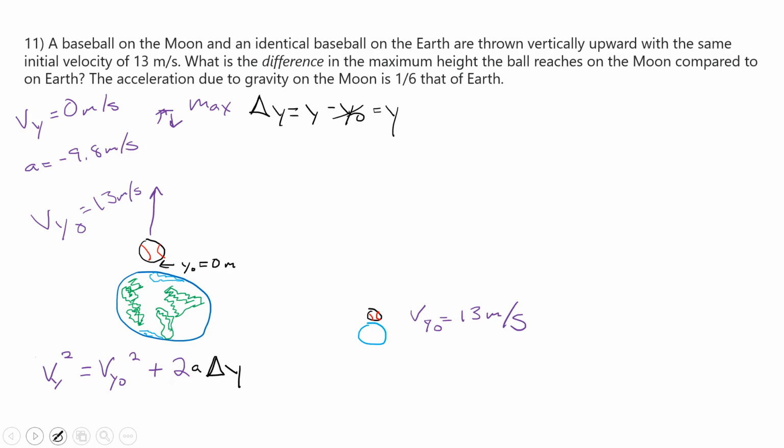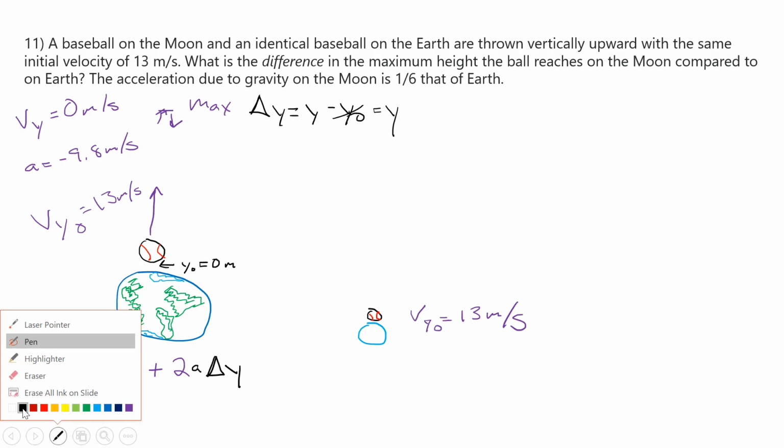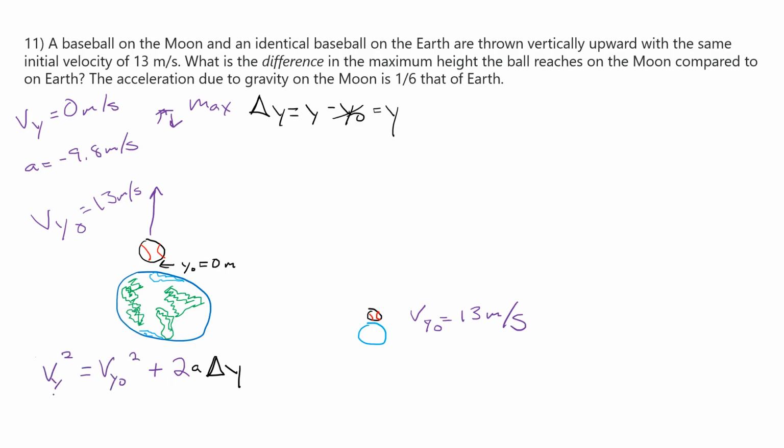So for Earth, it's going to be my v final. This is 0. So I get 0 squared, which is actually 0. This is going to be 13 squared plus 2 times negative 9.8 meters per second squared times delta y, which is what I'm solving for.